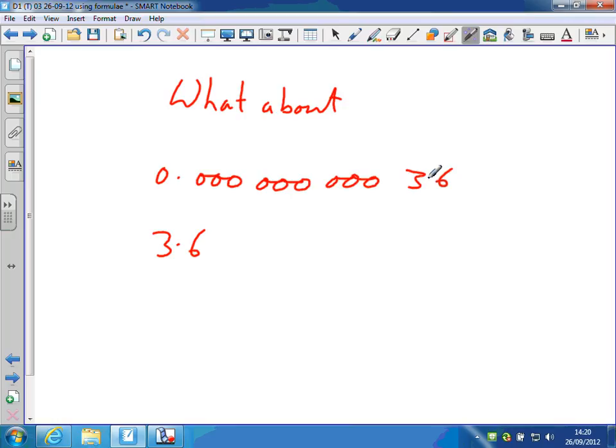I'm now not multiplying by 10, I'm dividing by 10. 1, 2, 3, 4, 5, 6, 7, 8, 9, 10 times. So I'm actually multiplying by the inverse of 10, which is the same as dividing by 10 times. So a minus sign means I'm dividing by 10. So that would be 3.6 times 10 to the minus 10, and that would be in standard form, because it's not a multiple of 3.